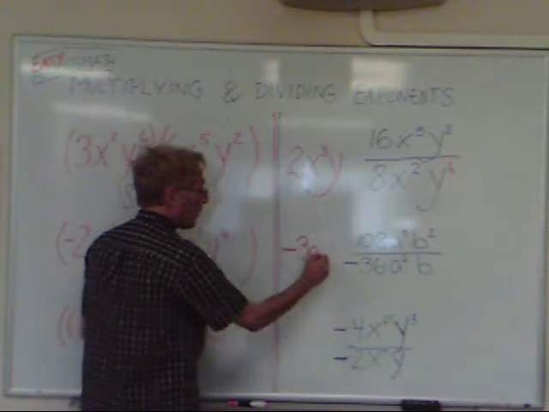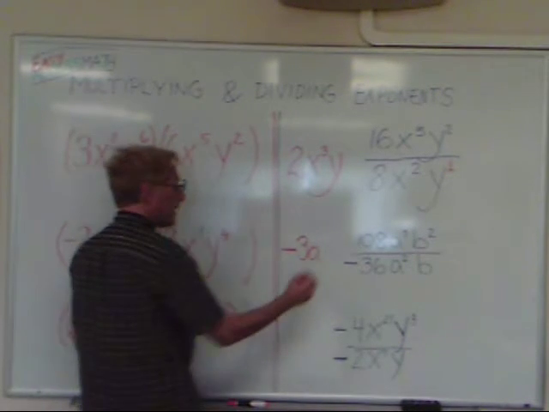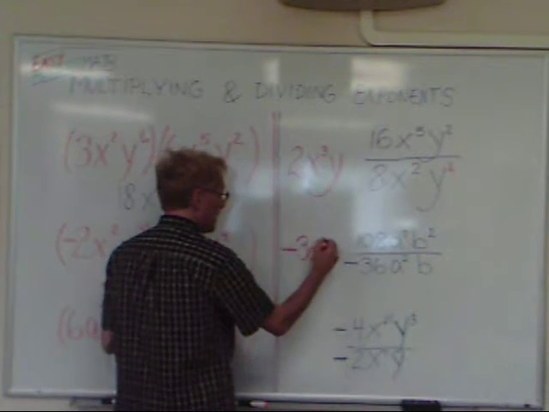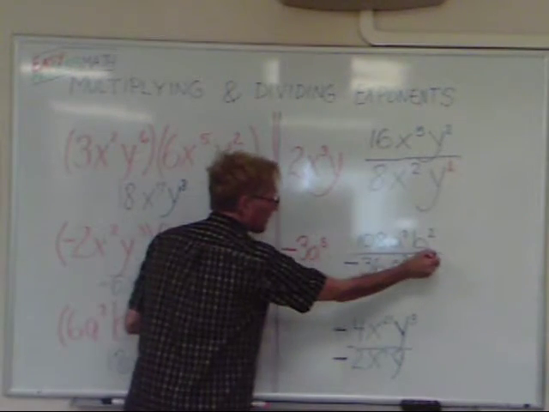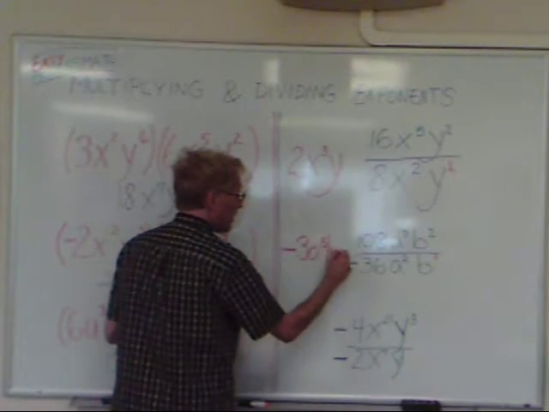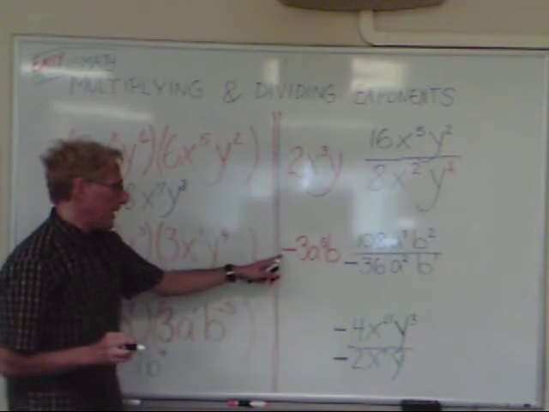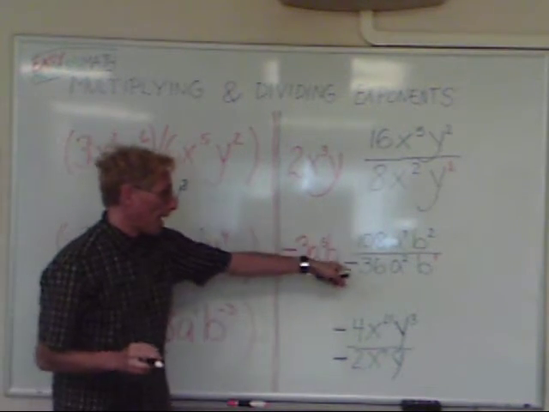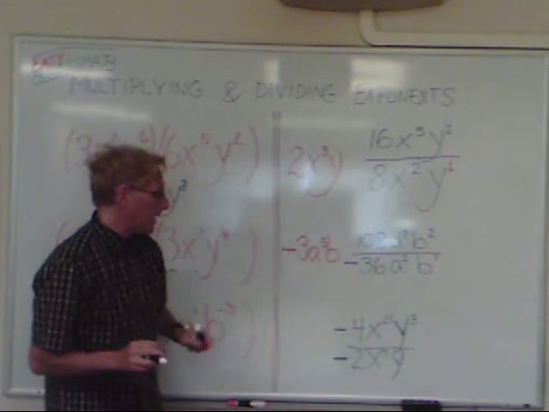A, and when we divide, we subtract the exponents. A to the 7th and a to the 2nd is a to the fifth. B to the 2nd, and there's that invisible 1 again, would be b to the first, or just b, giving me negative, because unlike signs in division, 3a to the fifth b.